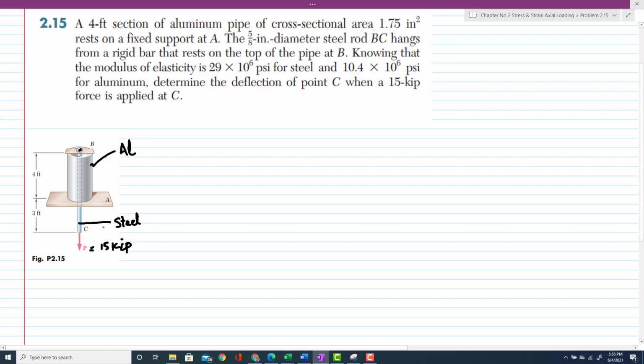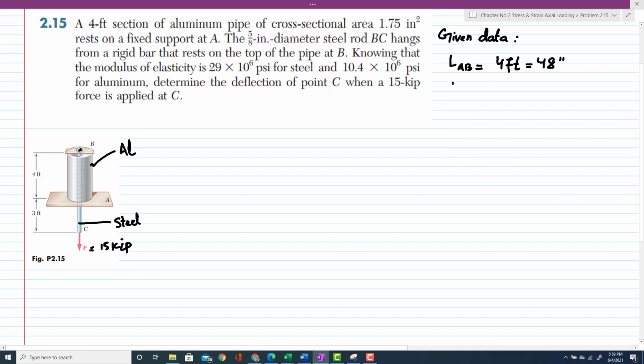So you have to determine the total deflection, or you can say total elongation. Let's start with the given data. We have the length of AB, which is the aluminum pipe, and its length is 4 foot, that is equal to 48 inch.